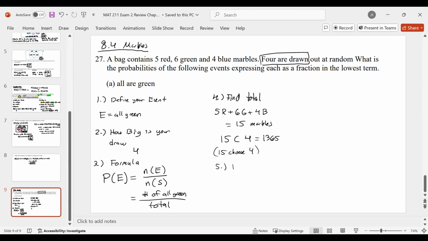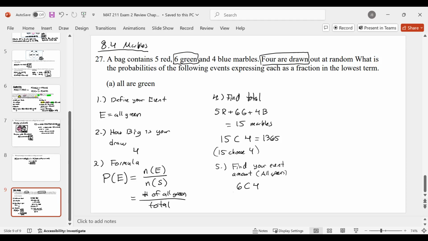Then step 5 is to find your event amount. I want all green. This is where you have to think about it logically. You're grabbing 4 marbles, and I have 6 green, which means all 4 have to be green. So I have 6 green and I am choosing 4. Have I drawn all 4 marbles?